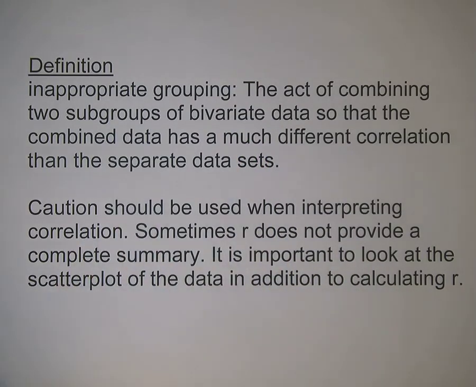So caution should be used when interpreting correlation. Sometimes R does not provide a complete summary. It's important to look at the scatter plot of the data in addition to calculating R. So instead of just looking at that R value and saying that there's a strong positive association, maybe from what you know about the situation and seeing that there were those two distinct clusters, making that strong correlation claim could have been avoided if you were able to do a little research ahead of time.